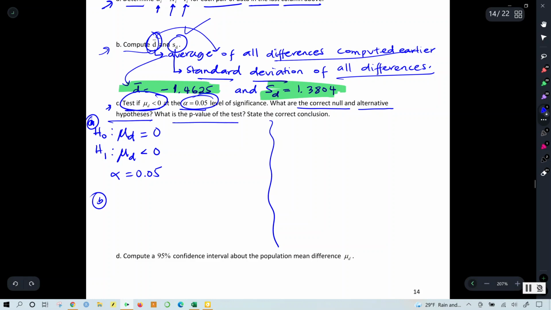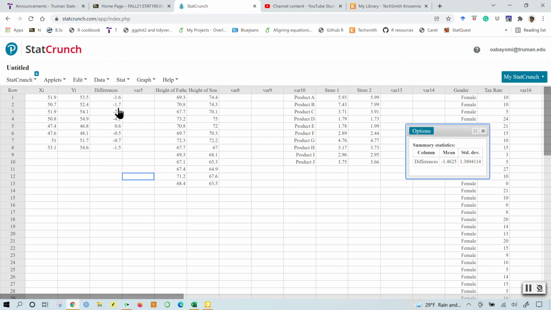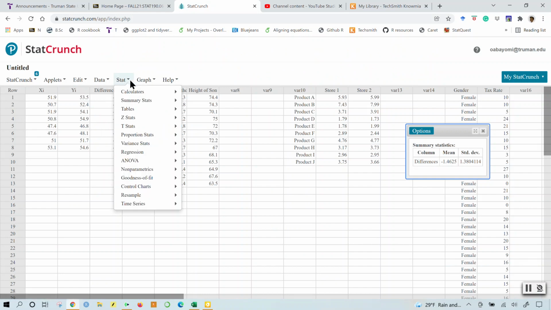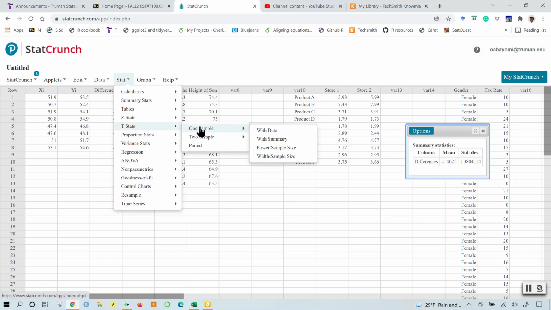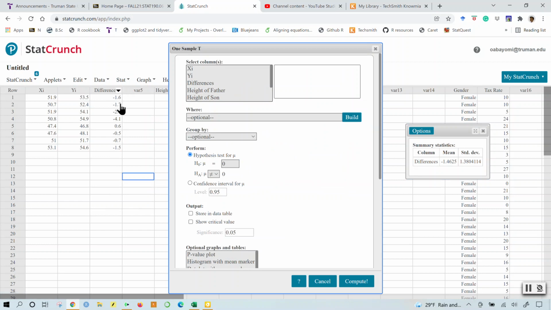Step B, we want the p-value of the test. So how do we get that? To get the p-value of the test, you are going to go to StatCrunch. This is your data set here. So what we're going to do is go to Stats. You go to your T-stats, and we only have one column of differences. So you choose one sample in this case, and indicate that it is with data, because this is the raw differences here.